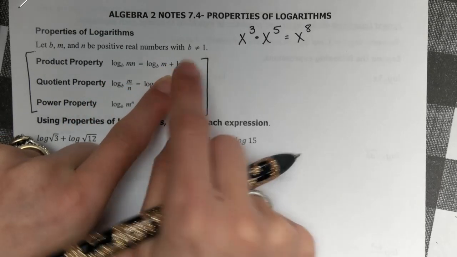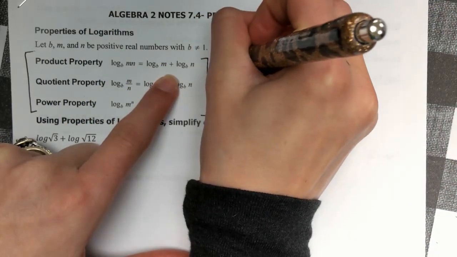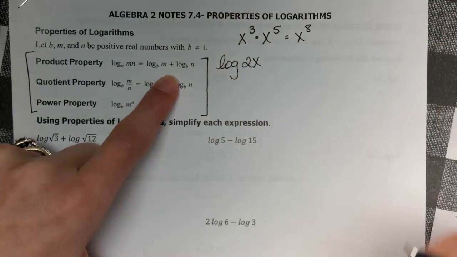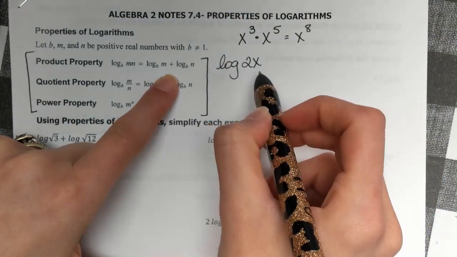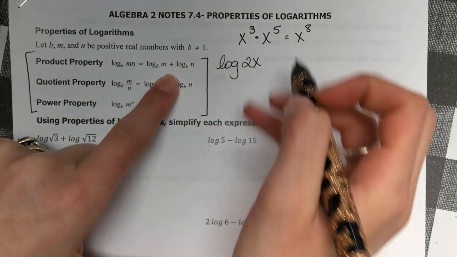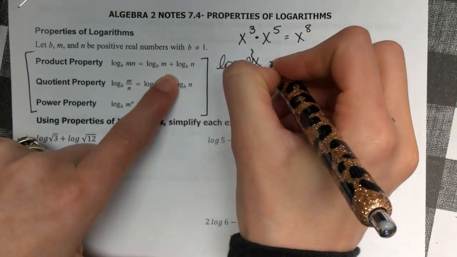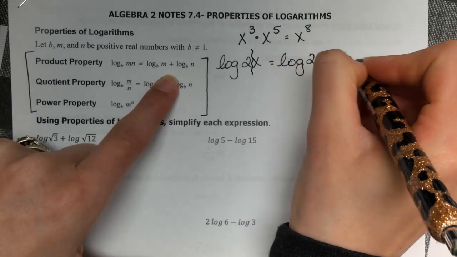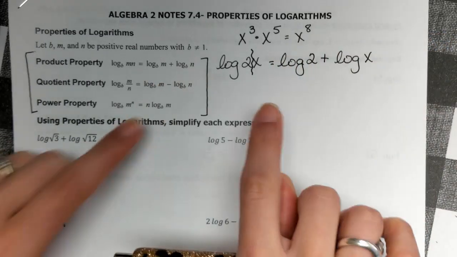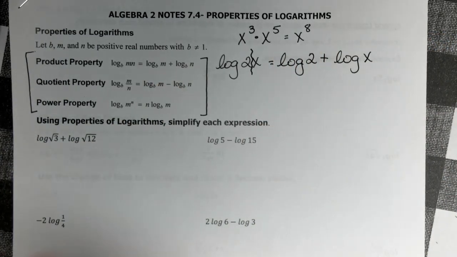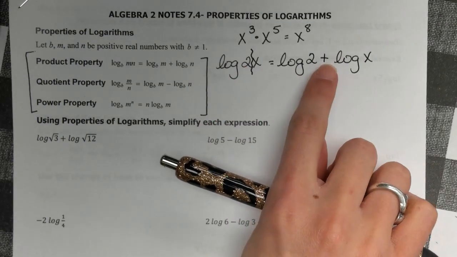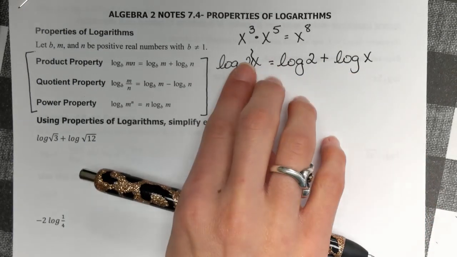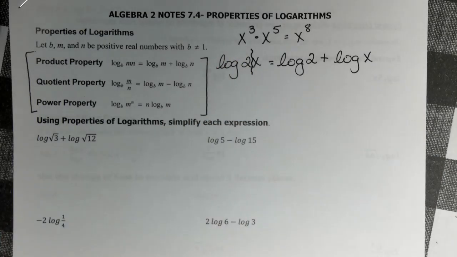If I have log of 2x, and it could be any base, I could separate my 2 and my x by saying log of 2 plus log of x. We're going to have examples where we separate, and examples where we put these two together into one log. So when you multiply, you add.